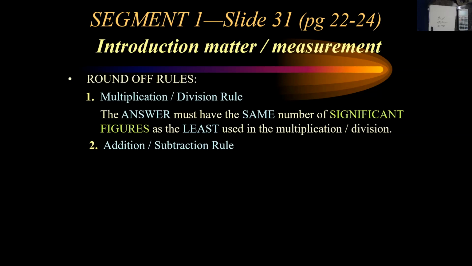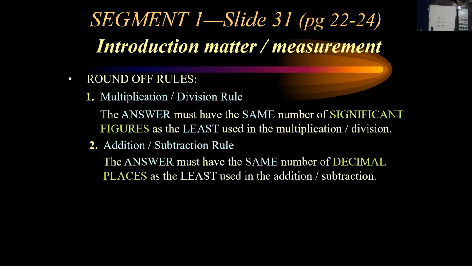One had 2 decimal places, the other had 3. So your answer is going to round off to the least number of decimal places.